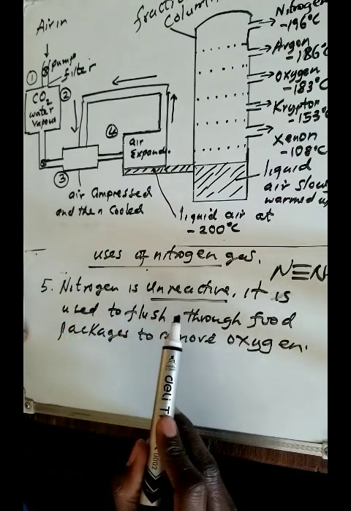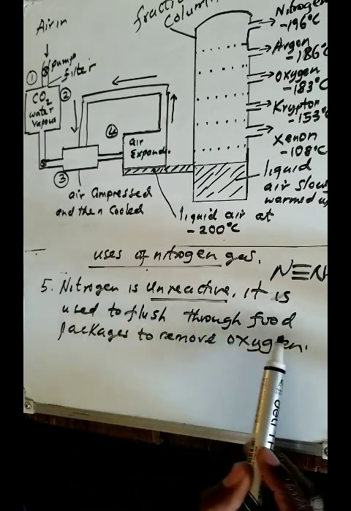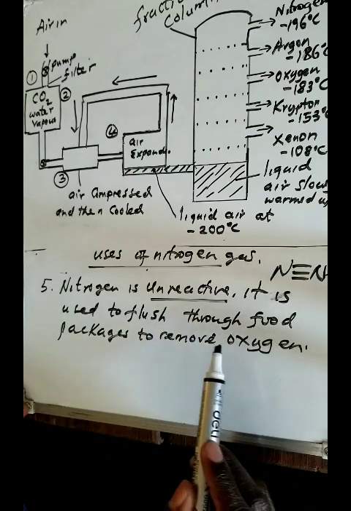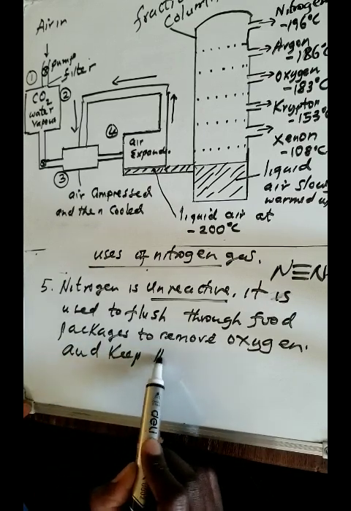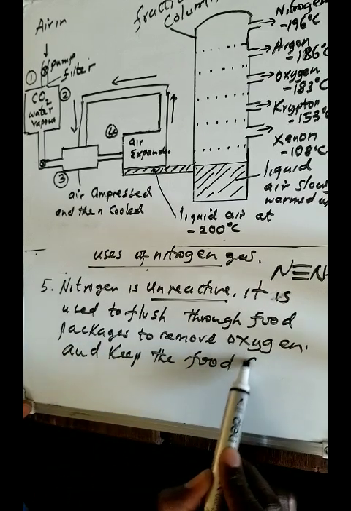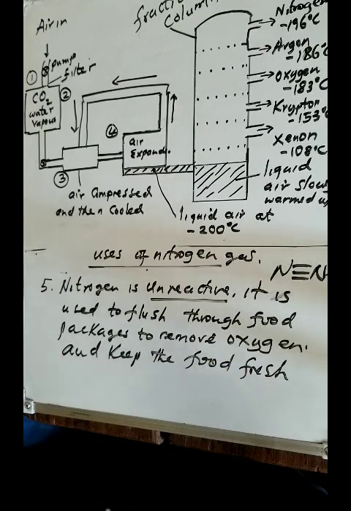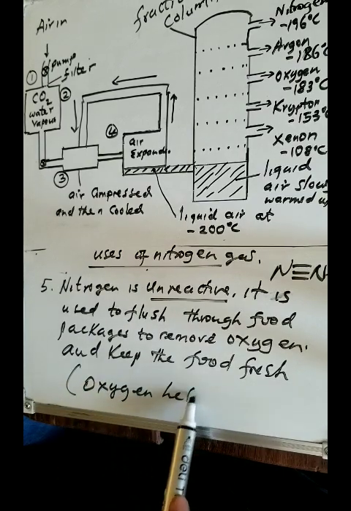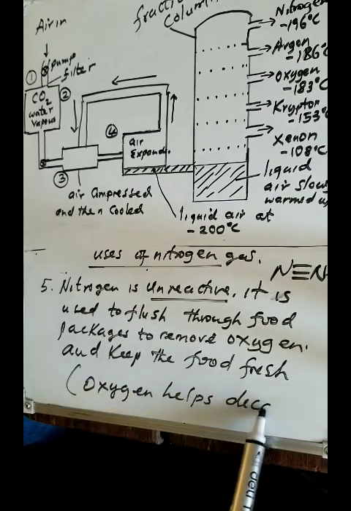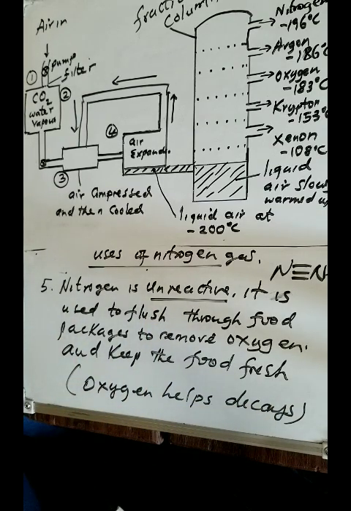Because nitrogen is unreactive, nitrogen is used to flush through food packages to remove oxygen and keep the food fresh. Remember, oxygen helps in the decay of food. We don't want that, so we can use nitrogen to flush that out.